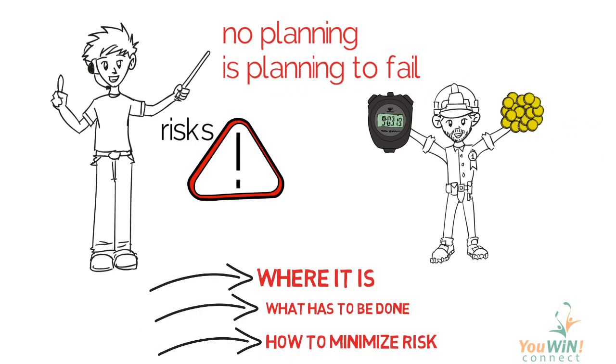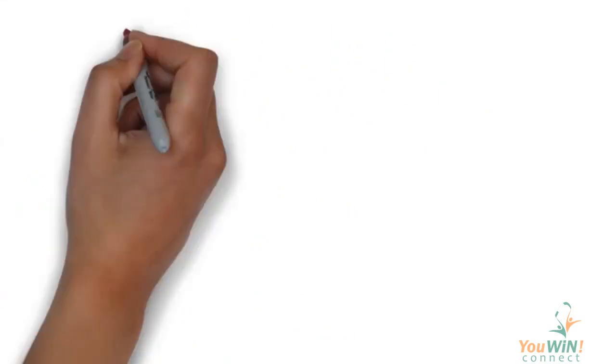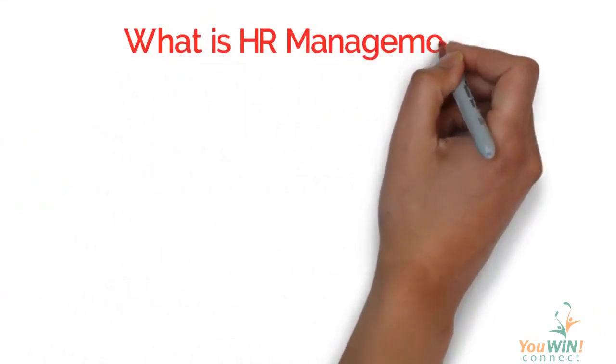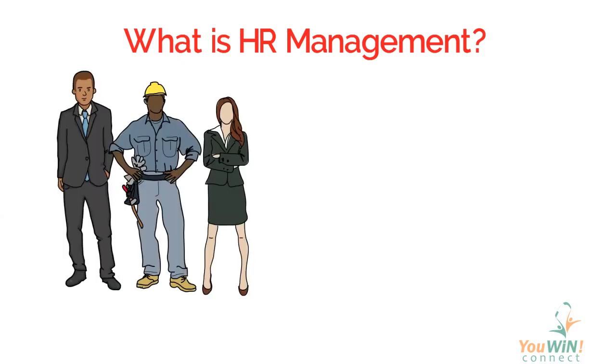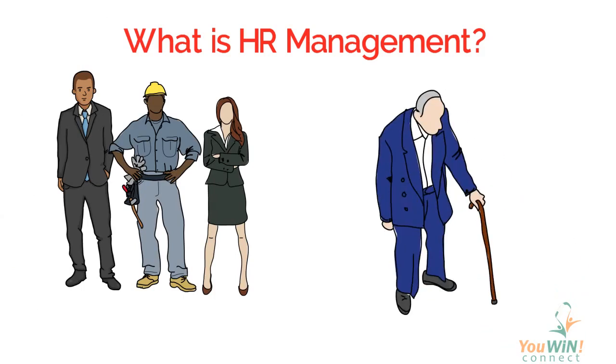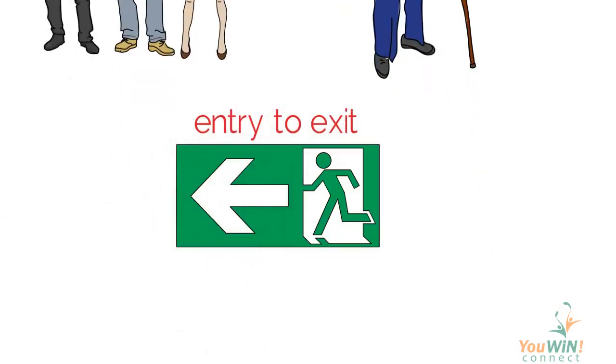Now that we have an understanding of what HR planning is, what then do we mean by HR management? HR management is concerned with the management of employees from recruitment to retirement, or from entry to exit.